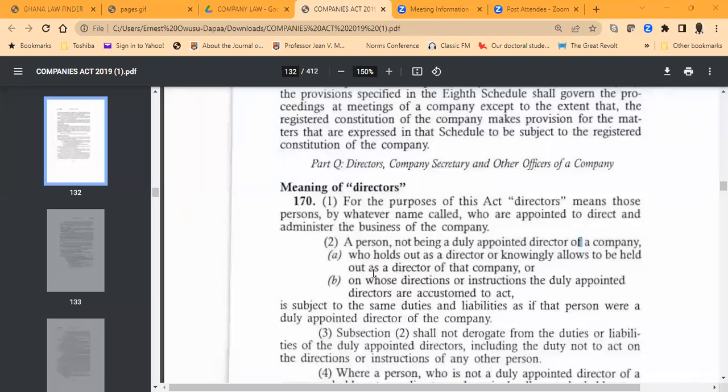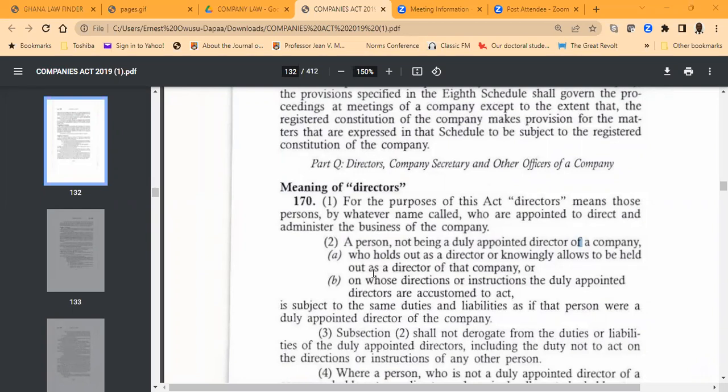And what exactly do directors do for the company? What duties do they owe the company? Do directors owe the company duties, or apart from the company itself, they also owe duties to some other stakeholders, some other constituencies? And then finally, enforcement of duties or obligations of directors.